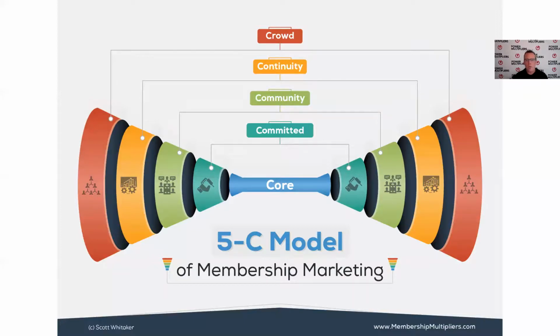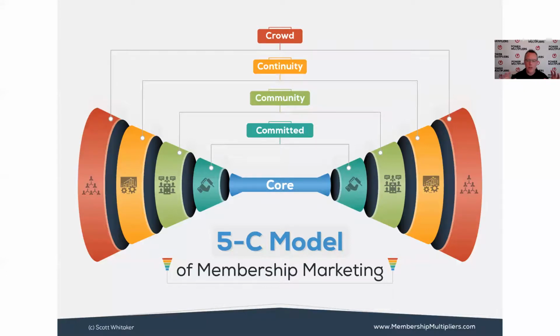How did they move? It happened through marketing, whether it was indirect marketing or a conversation, or direct marketing by getting them to increase their commitment and use more of the benefits, taking greater advantage of all that you offer with your membership and getting them into the core of the membership. That's the 5th and final C. That is where you want people to go.